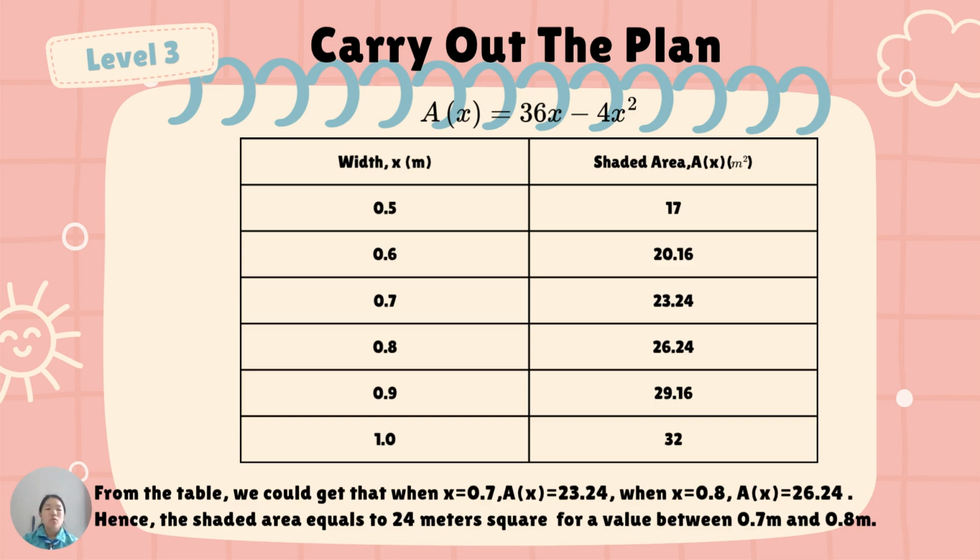From the table, we could get that when x equals 0.7, A(x) will equal 23.24. But when x equals 0.8, A(x), which is the shaded area, will equal 26.24. So if we want the shaded area to equal 24 square meters, we could get the value between 0.7 meter and 0.8 meter.